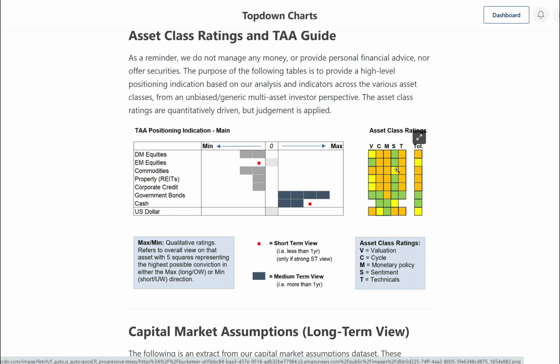And these are qualitatively put together by me, but sitting behind that is screeds of quantitative data, indicators, charts. A lot of stuff goes into coming up with that little quilt work of colours there. So basically, I've gone and done all the work, so you don't have to. I've gone and looked under every stone, and this is what I've come up with.